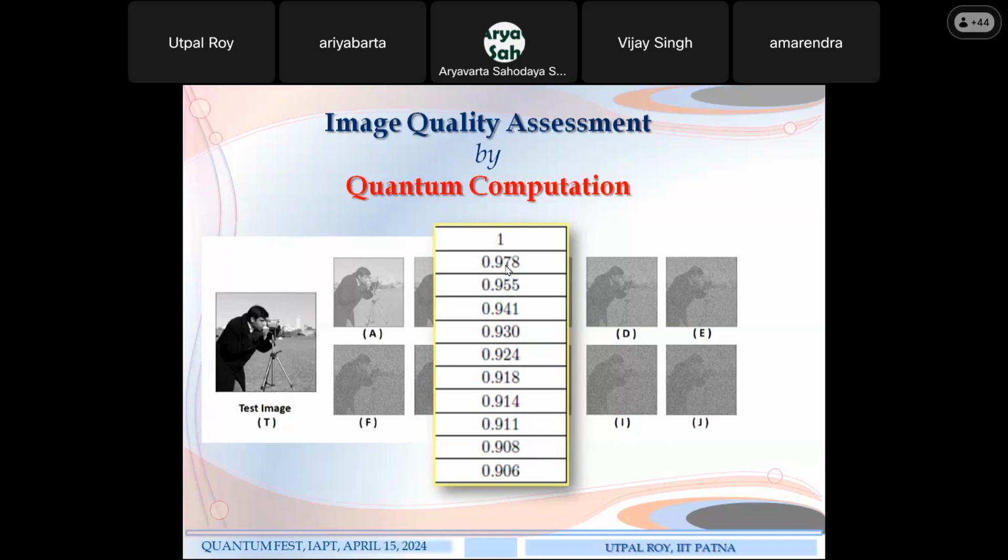So 0.97 is closer to 1 compared to 0.95, and so on. This is how the ranking goes on, and the first one is A and the last one is J, and you can also see the noises are going high. And who performs this kind of task? This is intuitively very obvious, but it is performed by the quantum computer and the circuit which is given in the last slide.